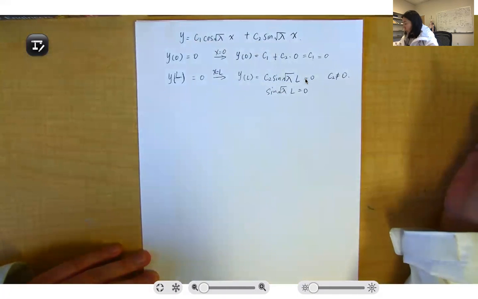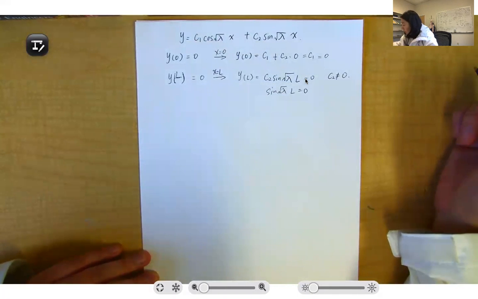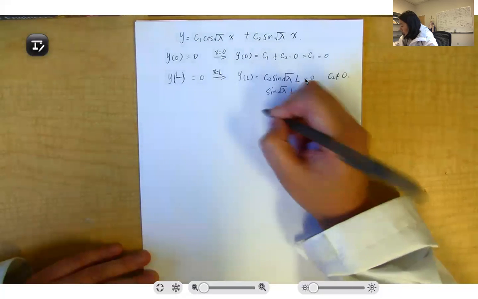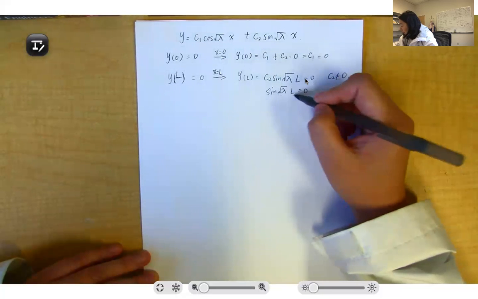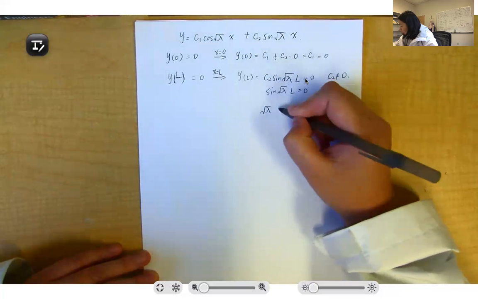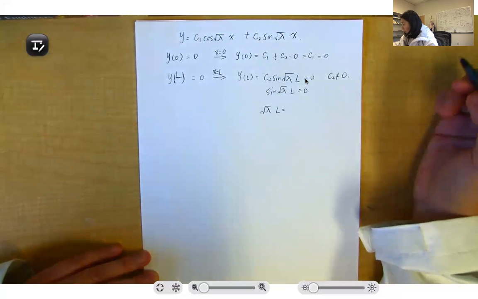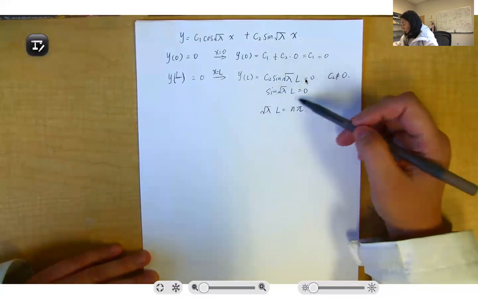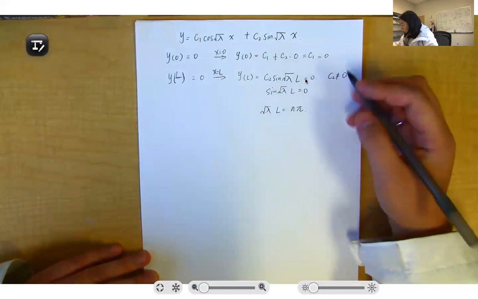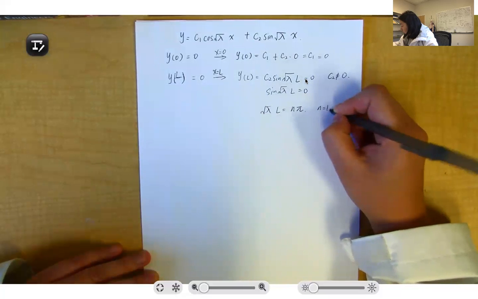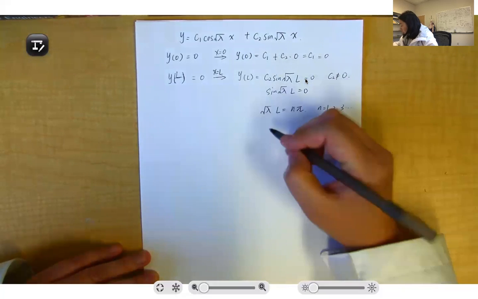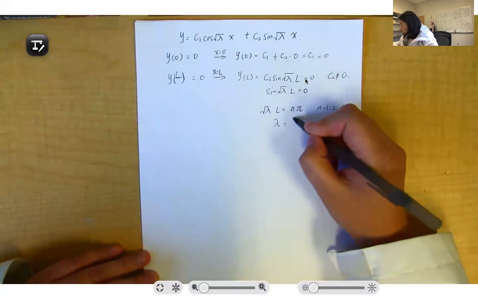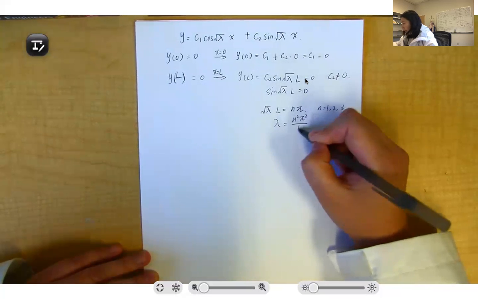In order to let sine root lambda L equal 0, root lambda L will be equal to n pi, so that this sine n pi will always equal 0, where n starts with 1, 2, 3 until infinity. So lambda in the end will be n squared pi squared divided by L squared.